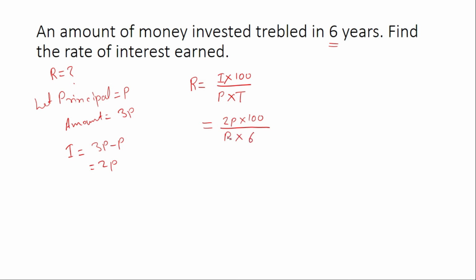Time is given 6 years. Now when you will solve it, you will get the answer as 33 whole 1 by 3% per annum. You have to write per annum since we have to find out rate.